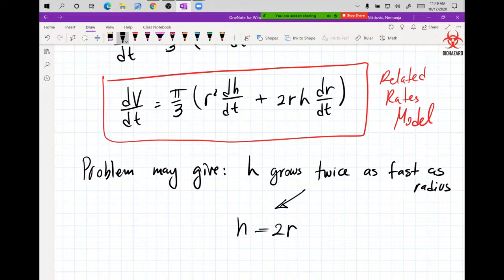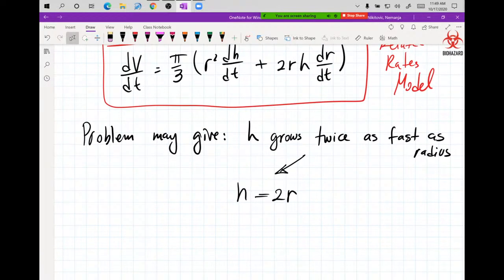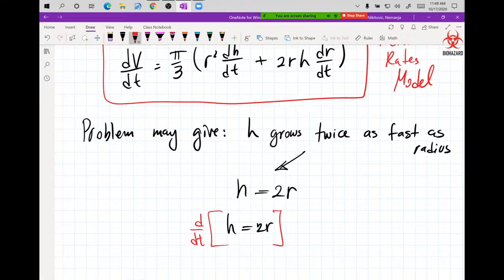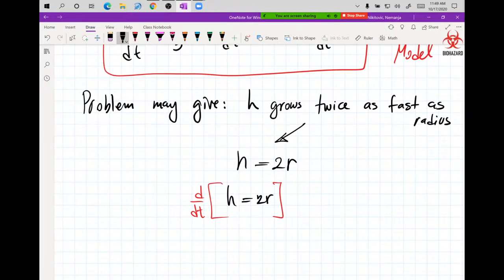And from there, you can differentiate this equation and you get dh/dt is equal to 2 dr/dt.